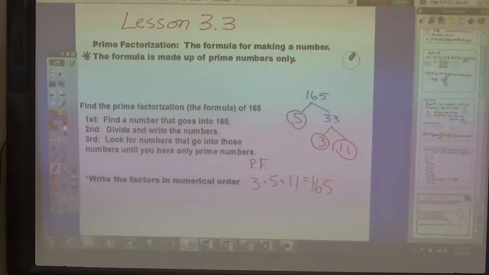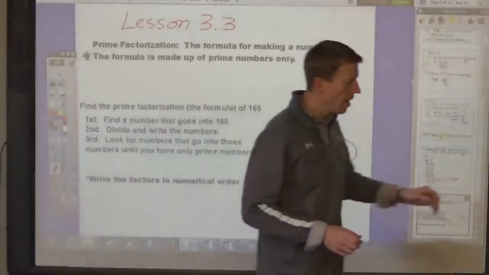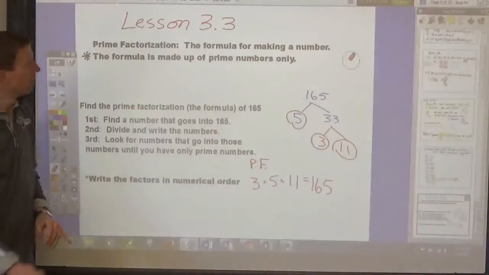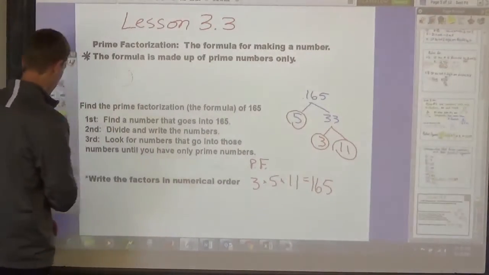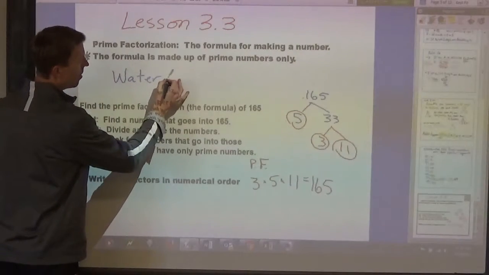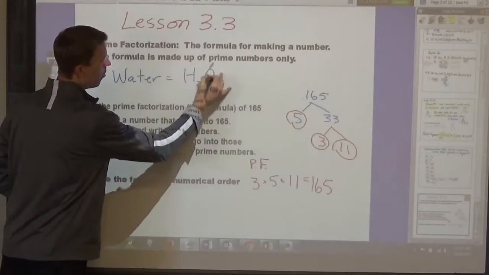I said before that prime numbers are kind of like elements in science. If you combine elements, you make a compound, like water. Water has a formula of H2O.